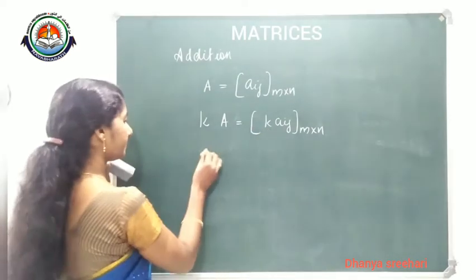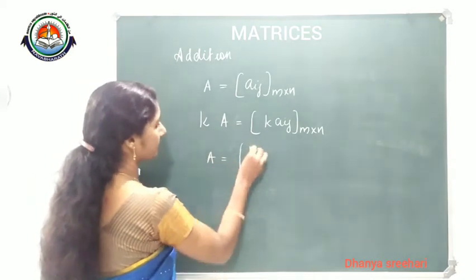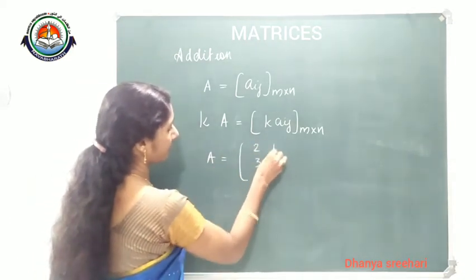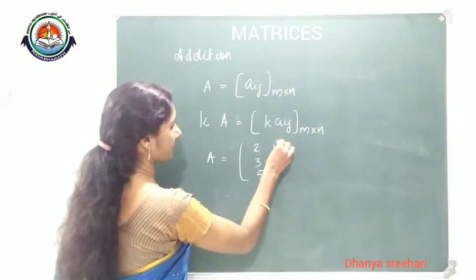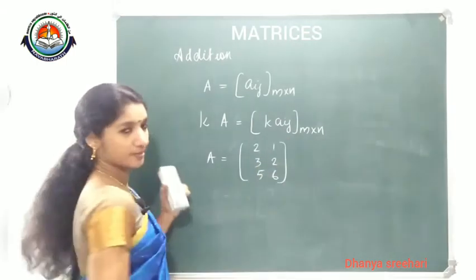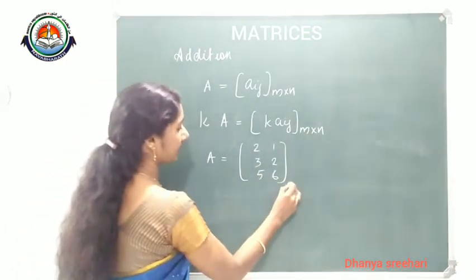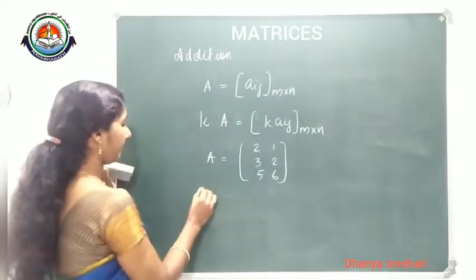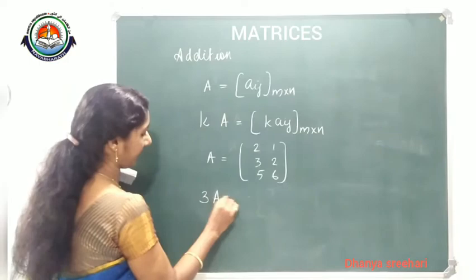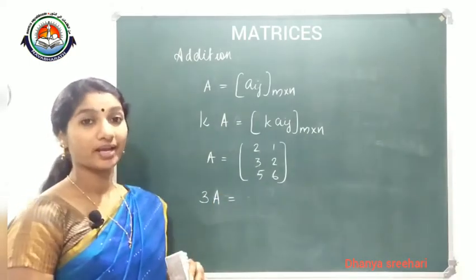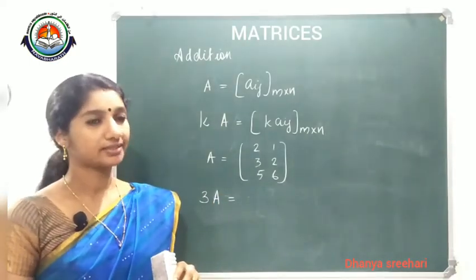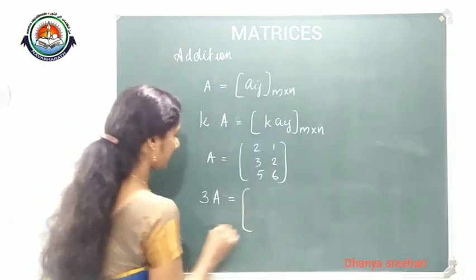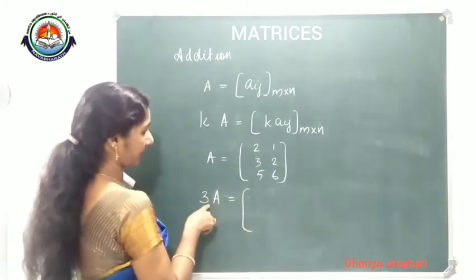One example, matrix A is given: 2, 3, 5, 1, 2, 6. A 3 by 2 matrix is given, of order 3 by 2. And we need to find 3A. That means the matrix multiplied by a scalar 3. So each element we need to multiply by 3.